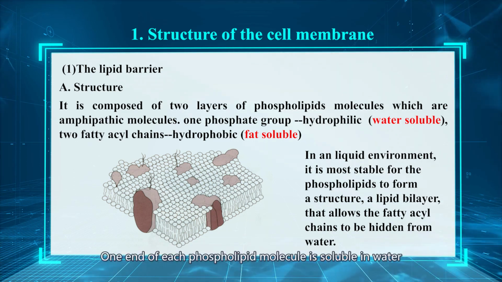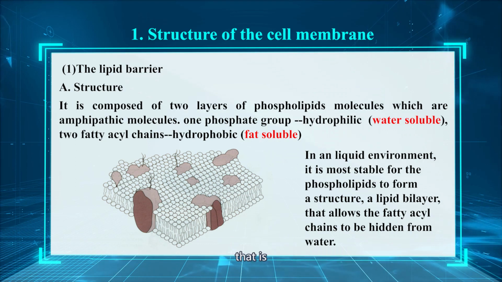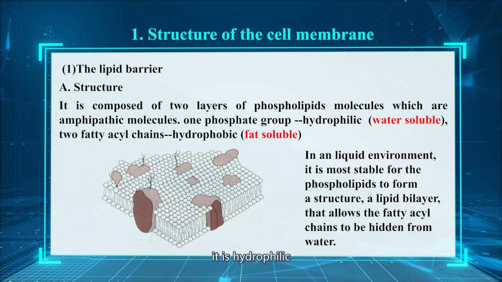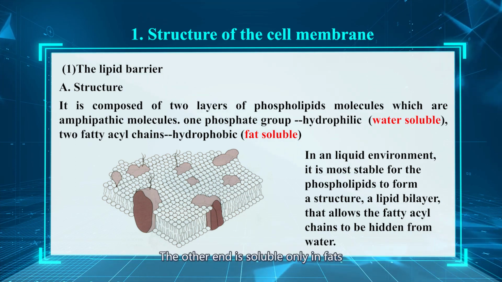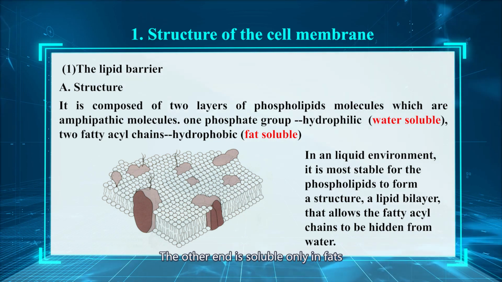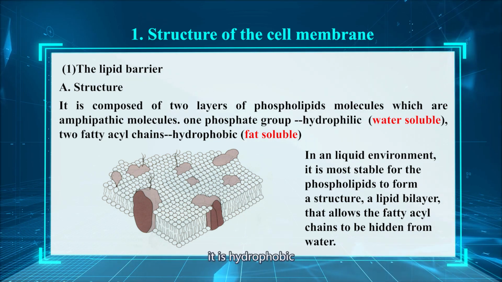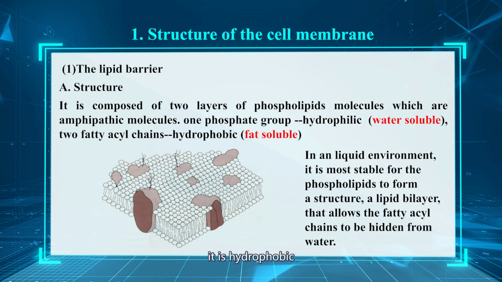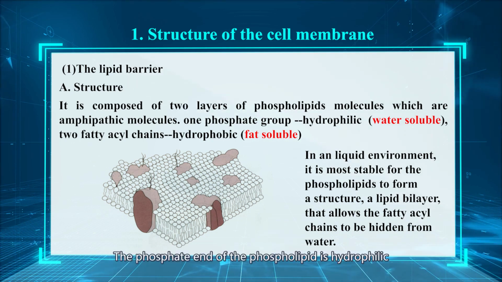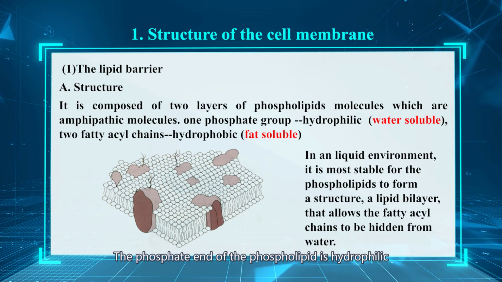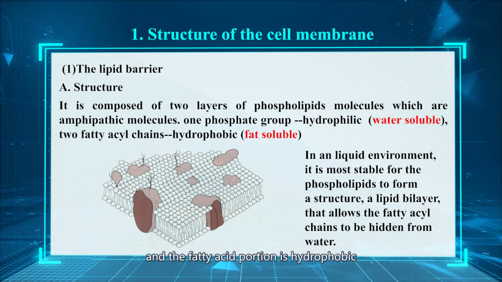One end of each phospholipid molecule is soluble in water, that is, it is hydrophilic. The other end is soluble only in fats, that is, it is hydrophobic. The phosphate end of the phospholipid is hydrophilic, and the fatty acid portion is hydrophobic.